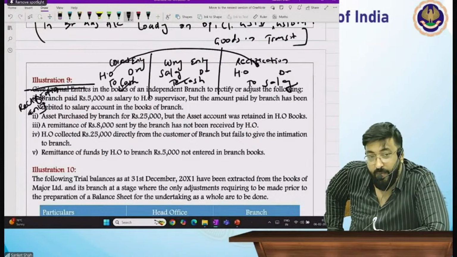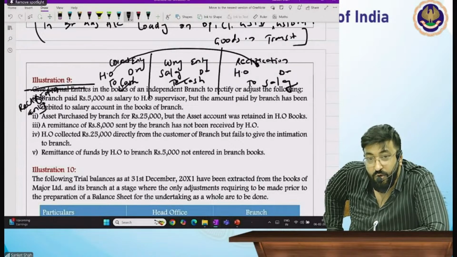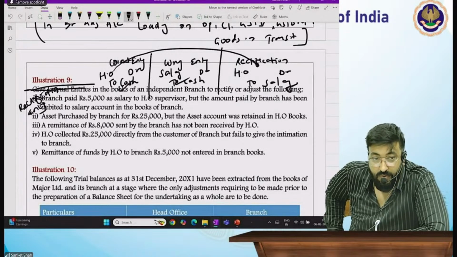Second entry. Asset purchased by branch for 25,000, but asset account was retained in head office HO books. So in head office books there should be asset account debit to branch.